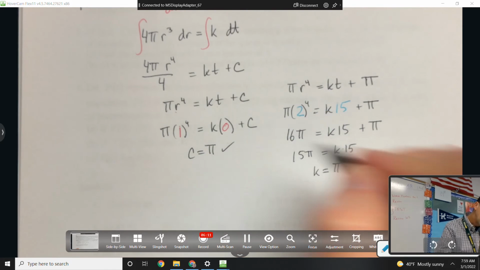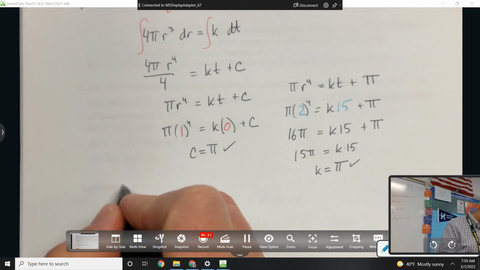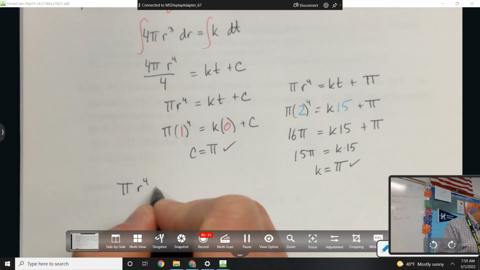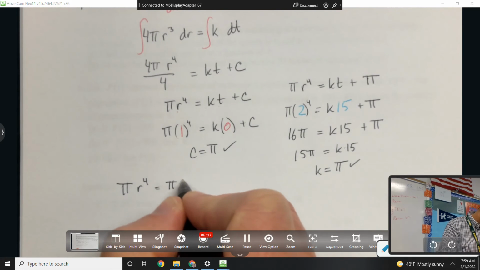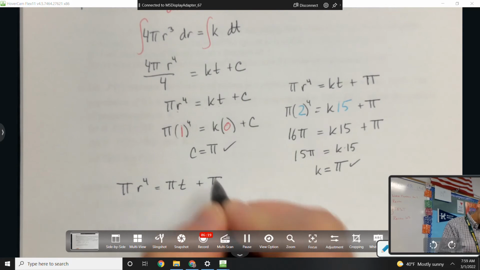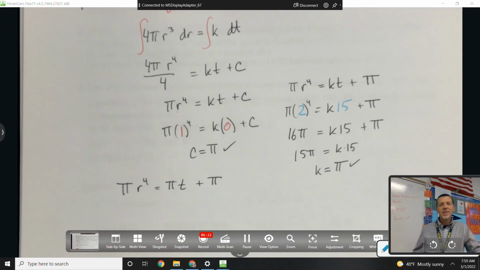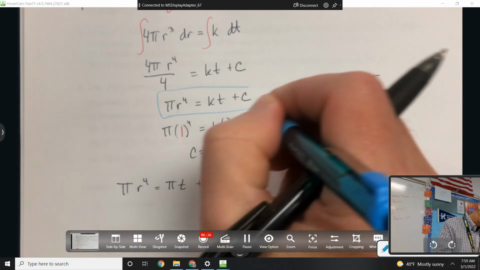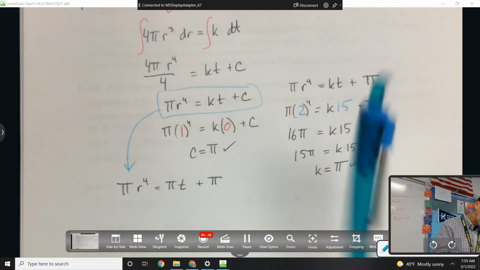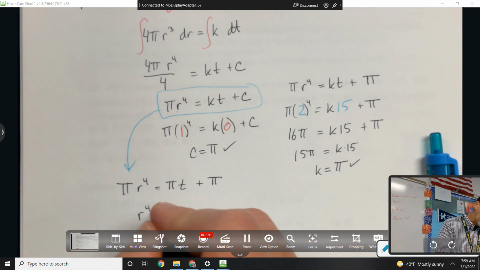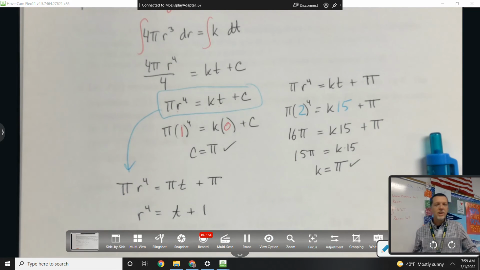So now I know c, I know k, so my formula then is pi r to the fourth equals pi t plus pi, which is kind of weird. So why don't I just divide everybody by pi and be done with pi? r to the fourth equals t plus 1.